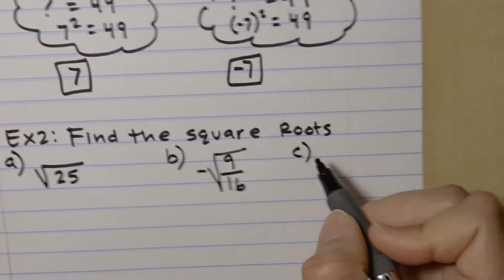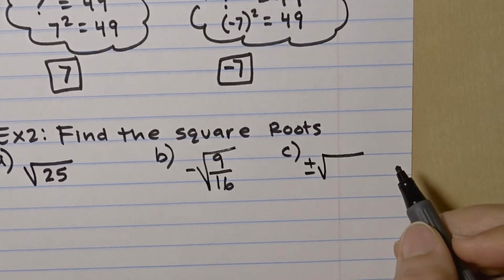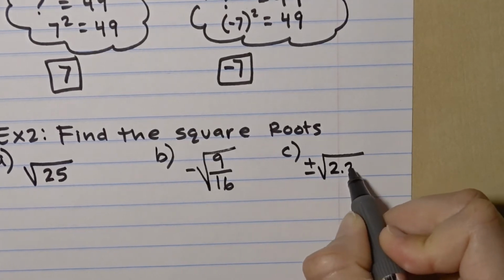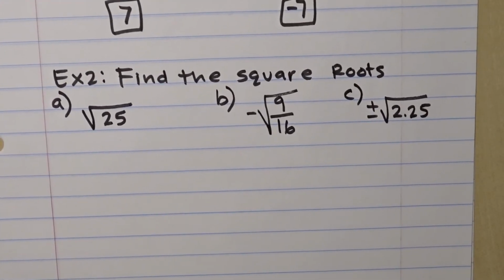And C. All right. So for each one of these, you still have the same question. What numbers to the second power give us the value inside the square root sign?